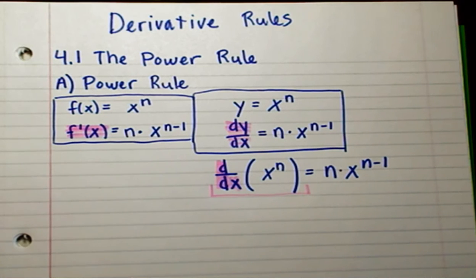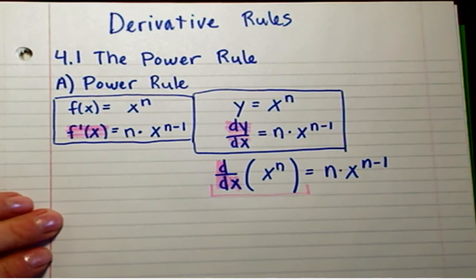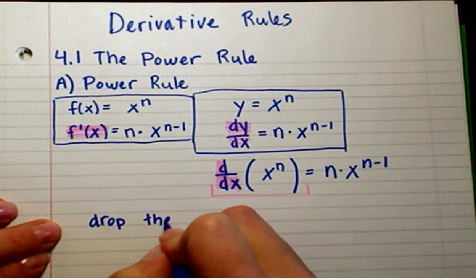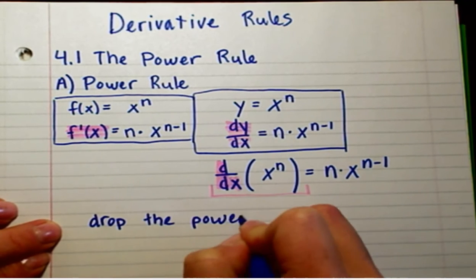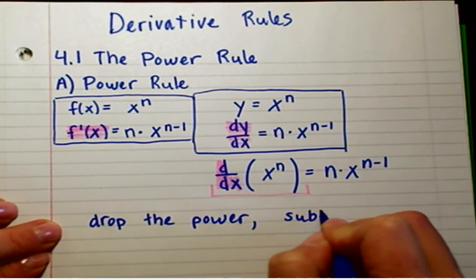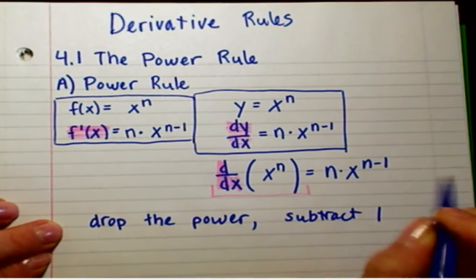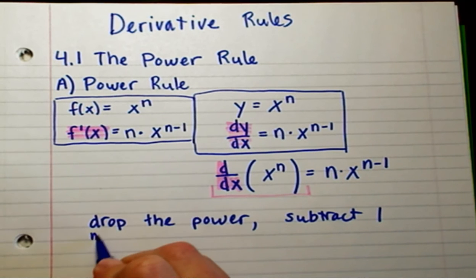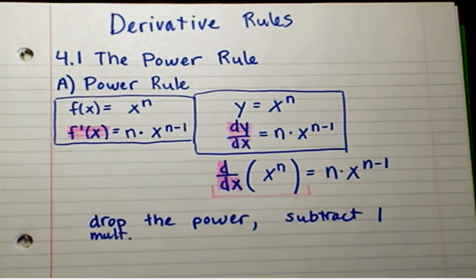Okay, so I'm going to write the power rule like in a sentence because sometimes words are easier to remember than a formula. So drop the power, subtract 1, okay? Or multiply the power. Multiply the power, subtract 1.